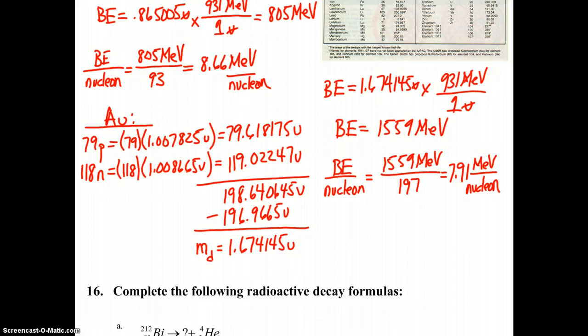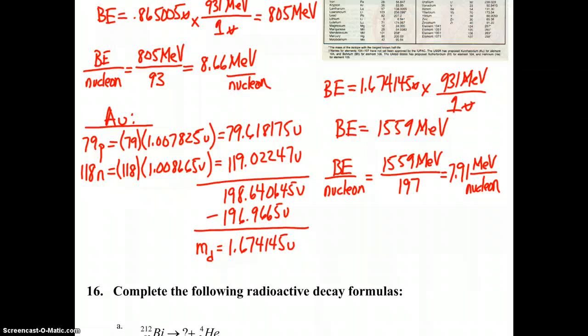What's interesting to note here is, from the lesson, what we talked about is that once you get past iron, the larger the atom, the less stable it is. This is proved in this case. Nb only has 93 nucleons, gold has 197 nucleons, and you see that gold is less stable, has less binding energy per nucleon than Nb did.